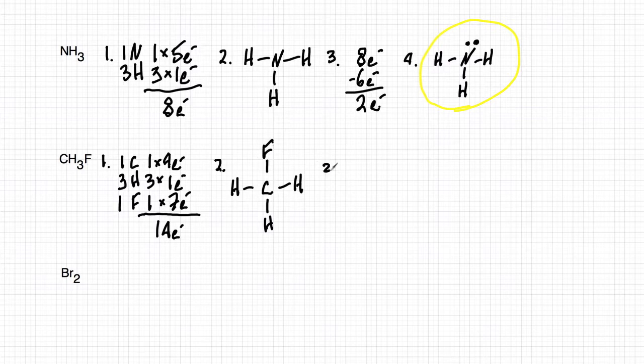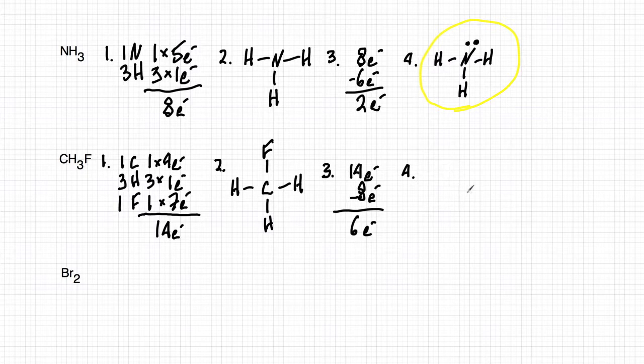In step 3, our counting step, we need to take the difference between 14 electrons, which we got in step 1, and the 8 electrons that we have from step 2, 2, 4, 6, 8. And that leaves us with a total of 6 electrons that we have yet to put down.